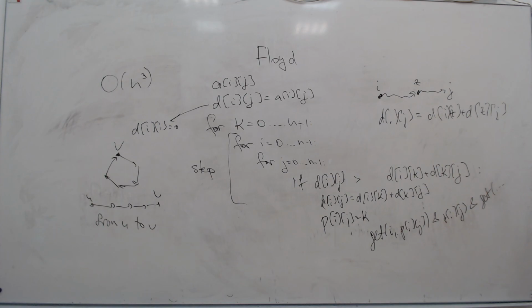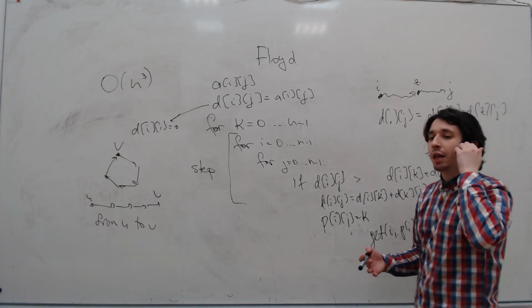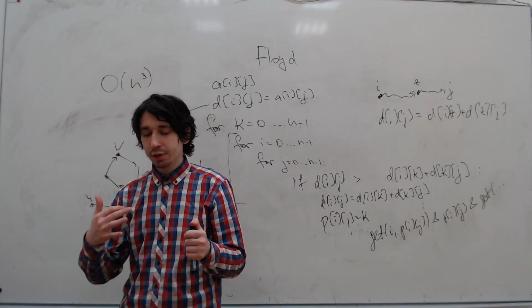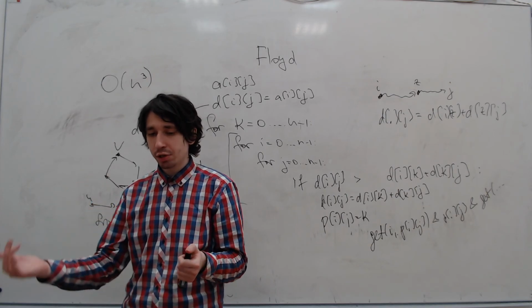I understand why we go from i to Pij and so on. I just need more time to understand what Pij is and how it connects with dynamic programming. In dynamic programming, it is the standard thing to store the way we get to the answer.